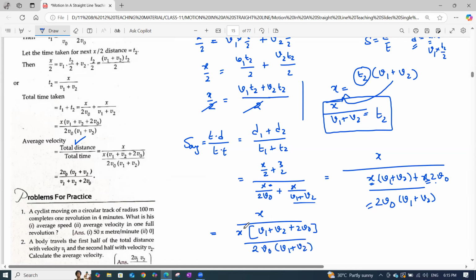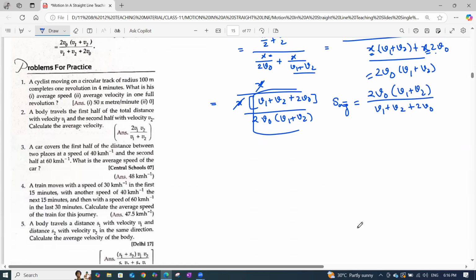Now x gets cancelled and the term becomes reciprocal. It is equal to 2 v naught times v1 plus v2 upon v1 plus v2 plus 2 v naught, which is nothing but the average speed. Like this, you need to solve this numerical problem.